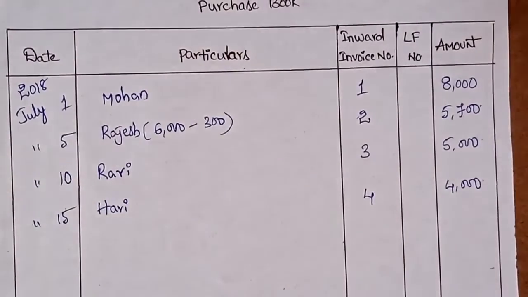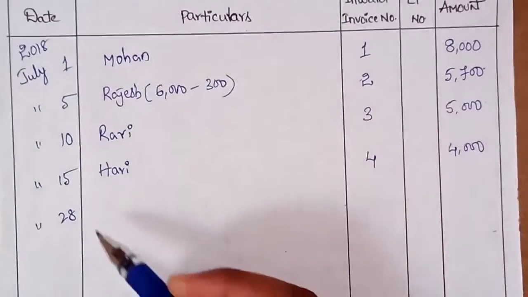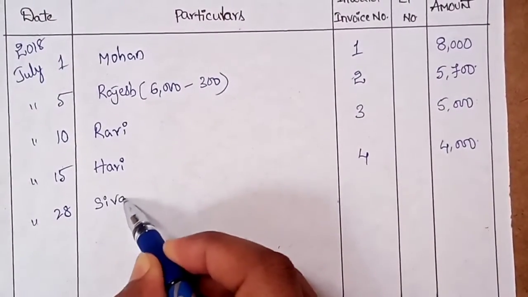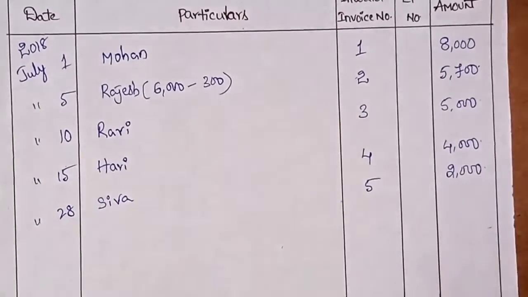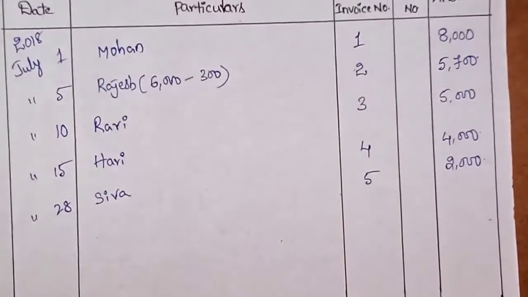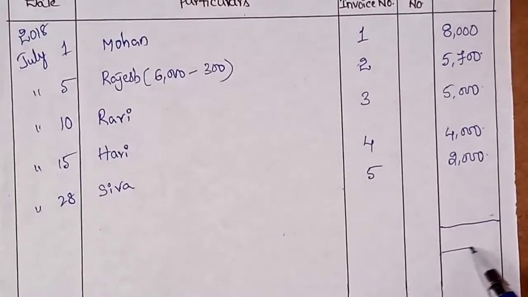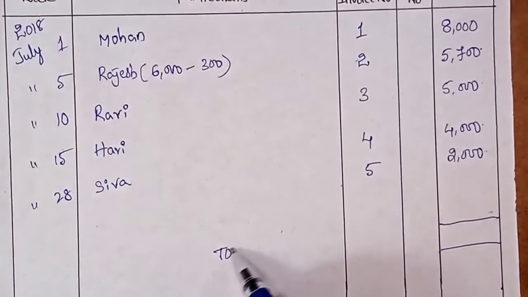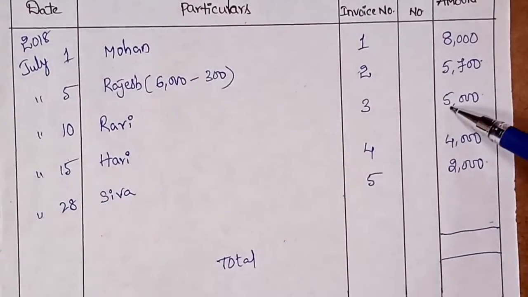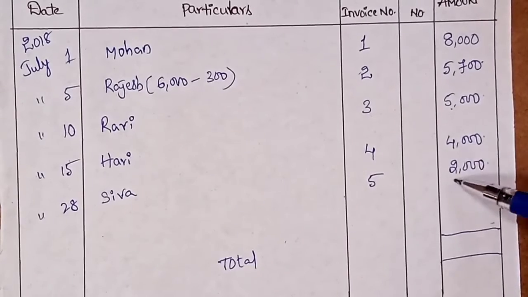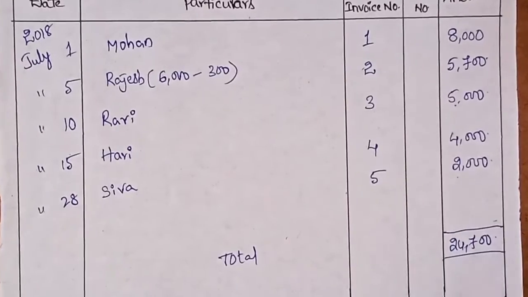Next, July 28th, supplier name is Shiva, inward invoice number 5, 2,000 is the amount. Like that we have to record the transactions in purchase book. Now we should total all this amount. Total: 8, 13, 18, 22, 24. 24,700.